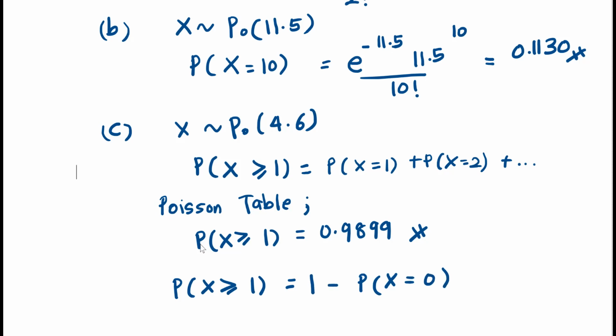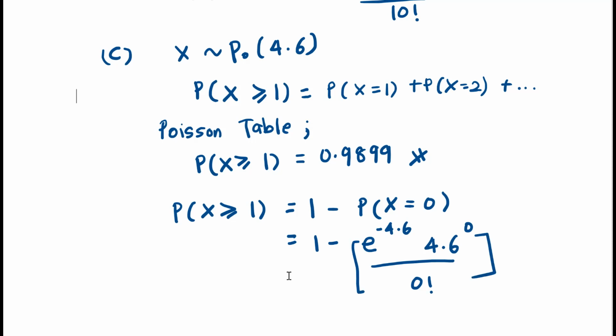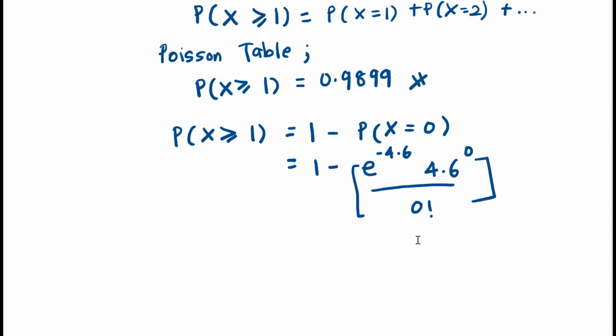That means by using the theory from chapter 1, we can get 1 minus, when x equal to 0, e to the power of negative mu, where mu is 4.6, mu to the power of x, where x is 0, over 0 factorial. So we substitute x equal to 0 in the Poisson formula. Then we get the answer 0.9899. So we get the same answer.